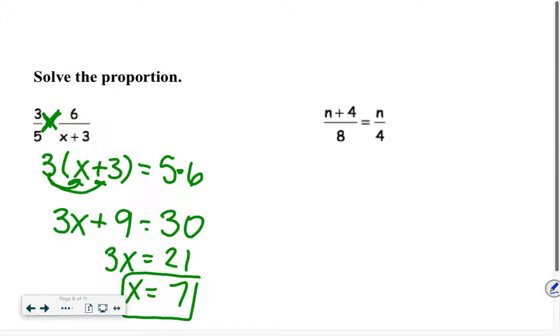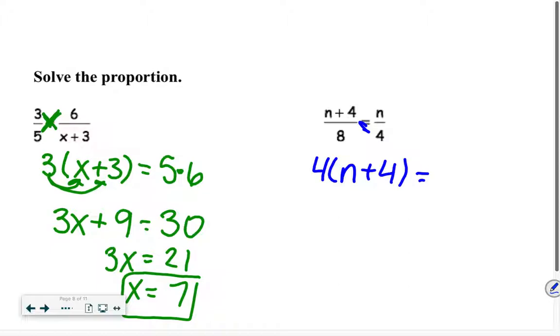Okay, last one. What two things should I multiply together? Give me one. N plus 4 and 4. Yeah, these two. I'm going to write parentheses around it so I don't forget to distribute. If you want to distribute right away, that's fine with me.